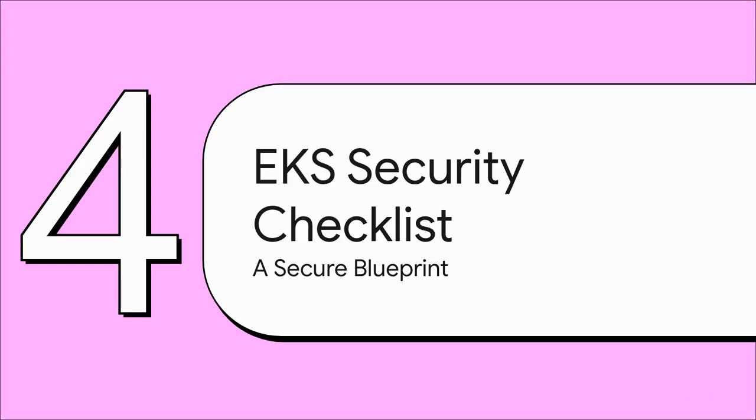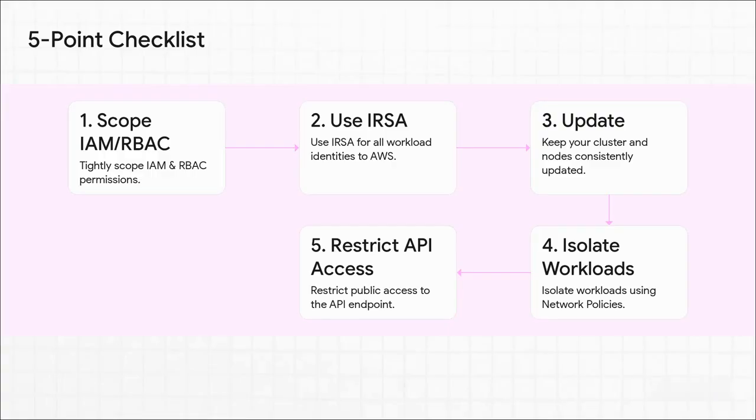Whew, we have covered a lot of ground, from the outer gates to the inner walls of our castle. So let's pull all of this together into a simple, actionable blueprint that you can apply to every single EKS cluster you manage. Here it is, your 5-point checklist for EKS security. Number 1, tightly scope your IAM and RBAC permissions.